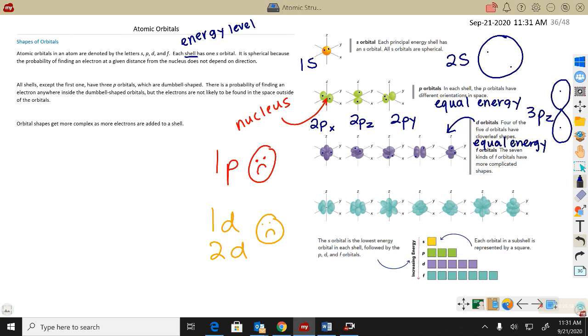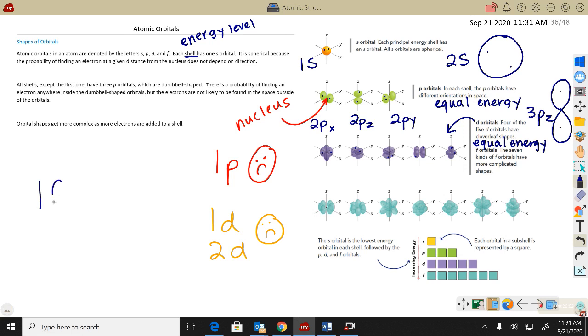And so on. The next orbital is called an f orbital. The f orbitals have 8 lobes, and they're super crazy. They're bigger than s's, p's, and d's, and so you won't find these until, you got it, the 4th energy level. So there is no such thing as a 1f.